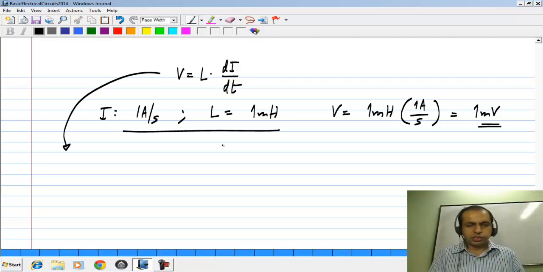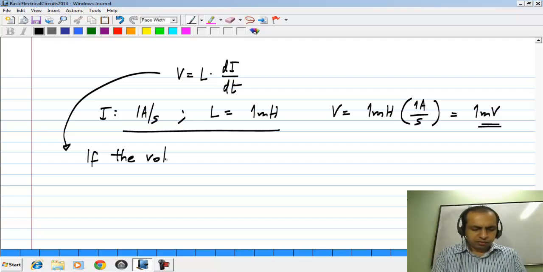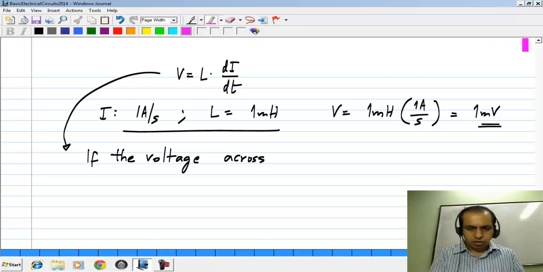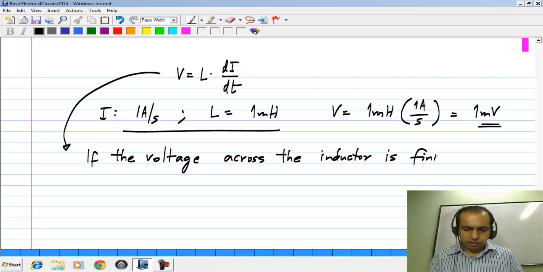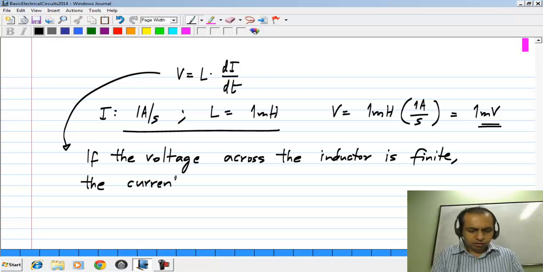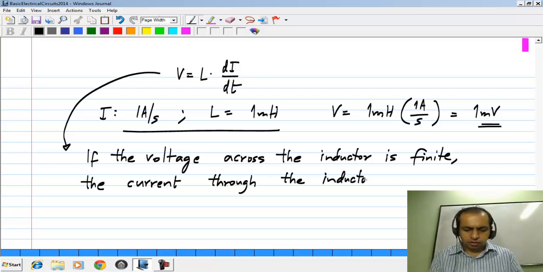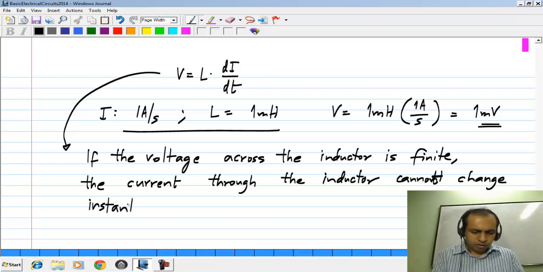Now this also says another thing. It says that if the voltage across the inductor is finite, the current through the inductor cannot change instantaneously.